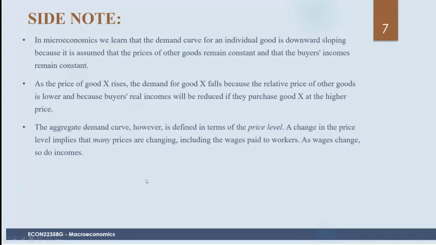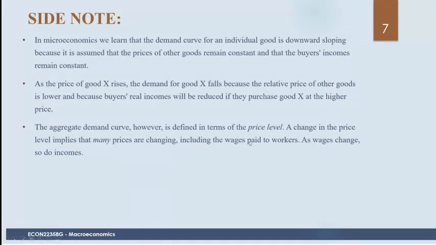The aggregate demand curve, however, is defined in terms of the price level. A change in the price level implies that many prices are changing. Remember, it's based on a basket of goods. Here we're going to say there are many prices changing, including the wage paid to work. It's a little bit different, but think of wages as a price as well.